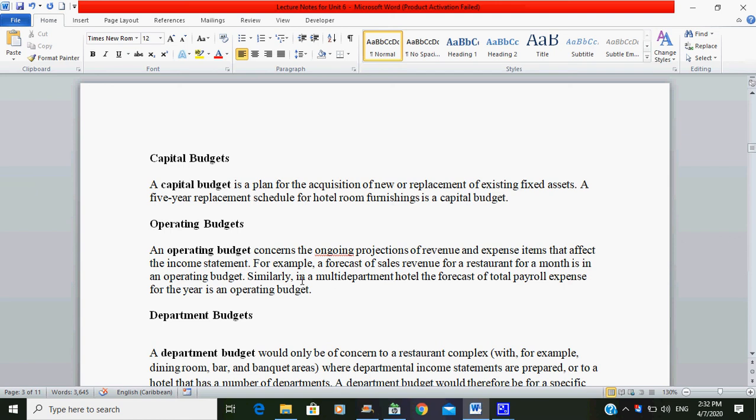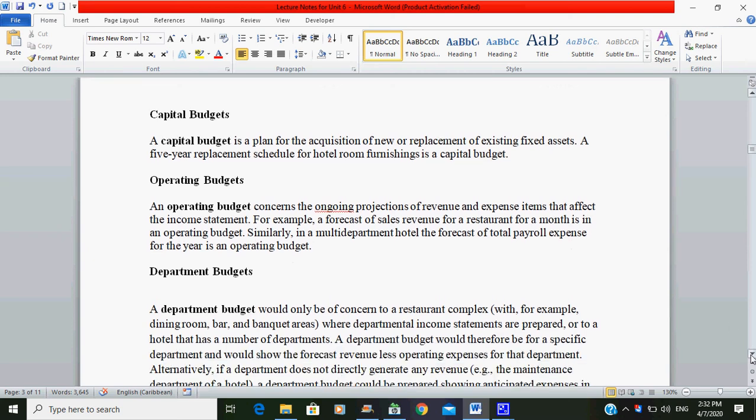Similarly, in a multi-department hotel, the forecast of total period expense for the year is an operating budget as well.